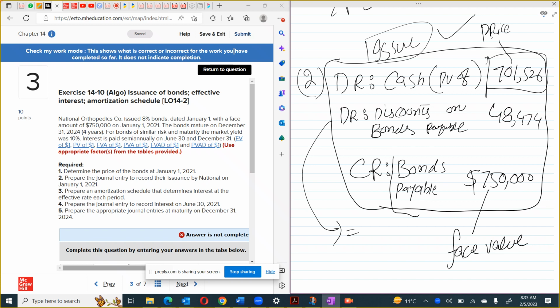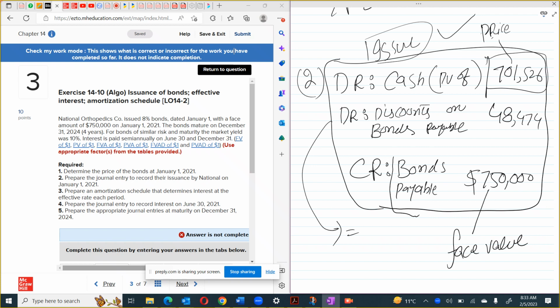Now, the value is 735,533 multiplied by 5%. So it is 36,777. You will take the difference between cash interest and interest expense: 36,777 minus 42,000. It is 5,223.